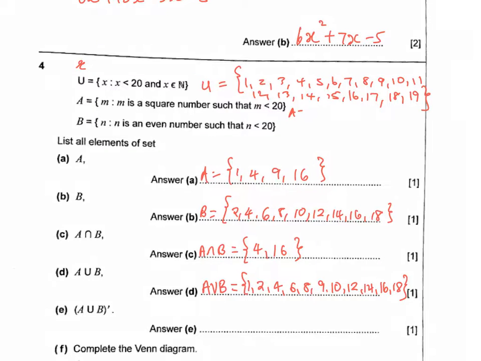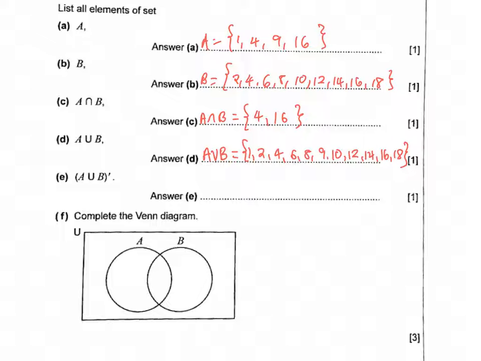Then we go to E. E is asking for A union B complement. What is not in the union? Remember, this is our union. What is not in A and B, but it's in the universal set. Now, what is not there in the union here?